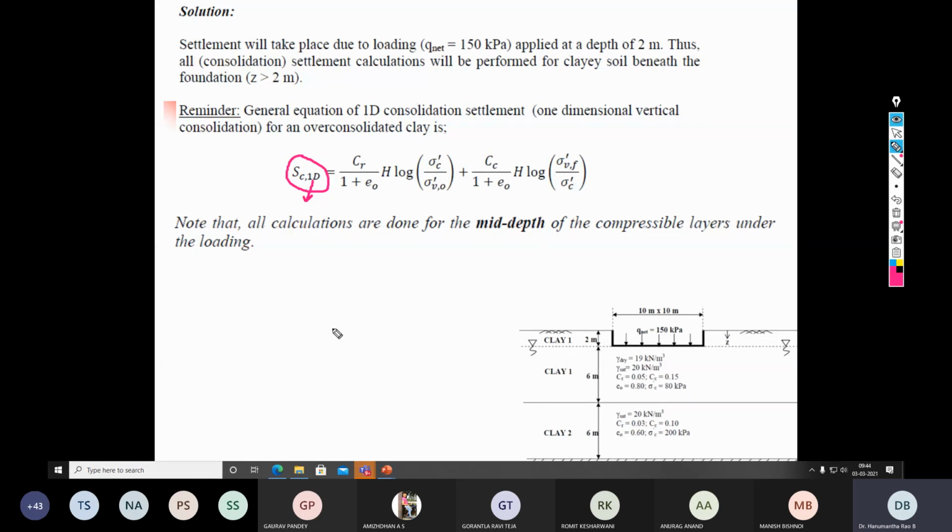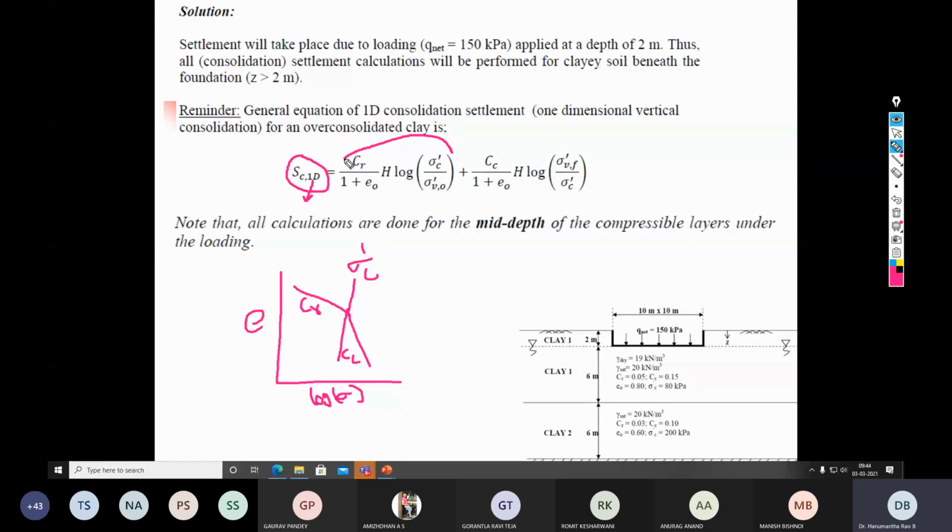Suppose I draw the consolidation graph for e versus log sigma. This has dual linearity, or is bilinear in nature, where the middle is called sigma C, and here it is CR, and here it is CC.